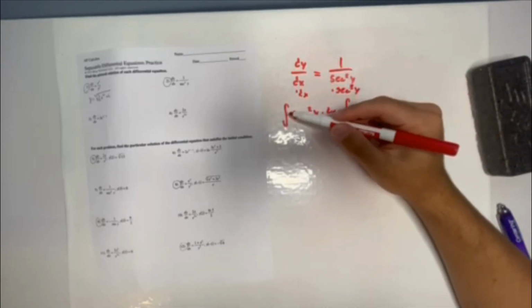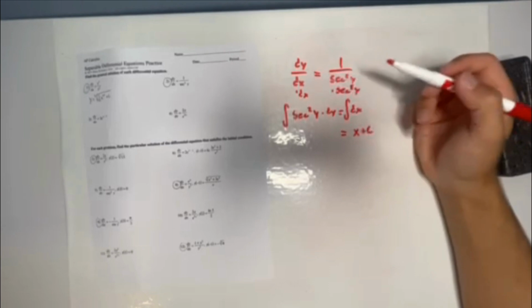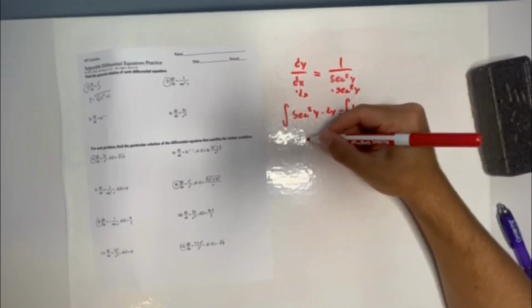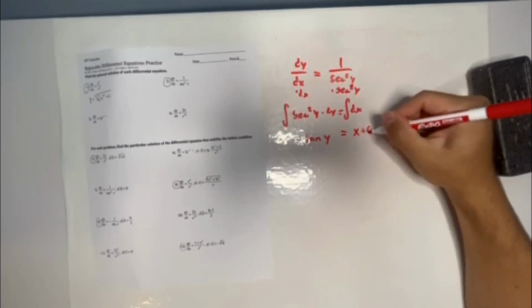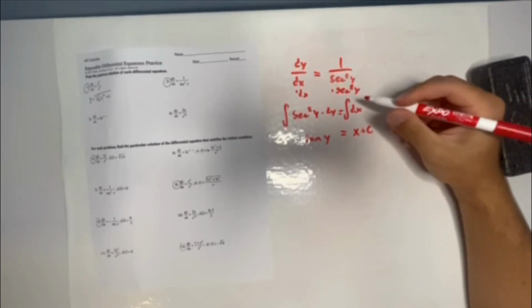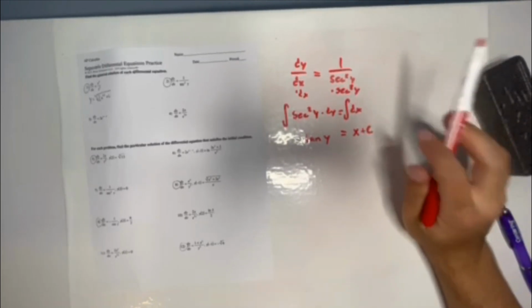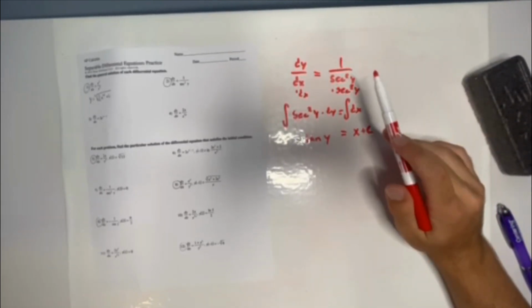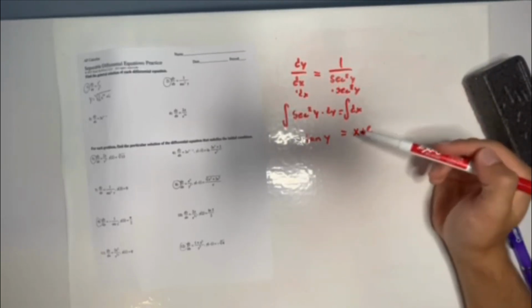All right, and so then we just have integral of secant squared y. That's one of the memorized integrals. It's just going to be tangent y, if the dy is gone. I keep doing that. I erase it with my hand. And so now we have our equation, and we just have to solve for y. I wouldn't say this is tricky. It's just something you don't really see too often with the tan here.